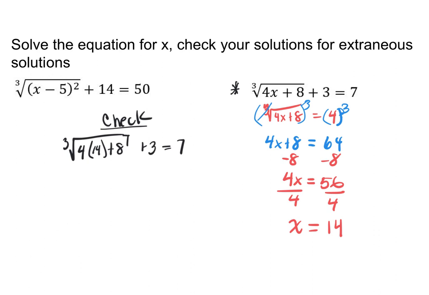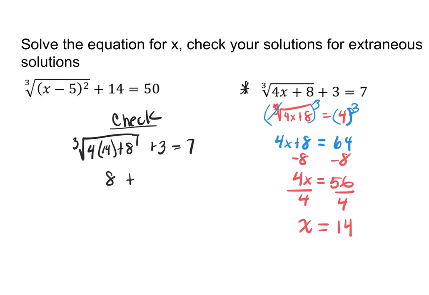And the cube root of 64 is 8. Oh, that is a lie. The cube root of 64 is 4. So 4 plus 3 does equal 7. This is a true statement. So this is the solution.